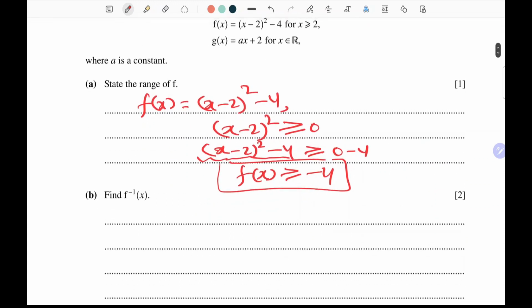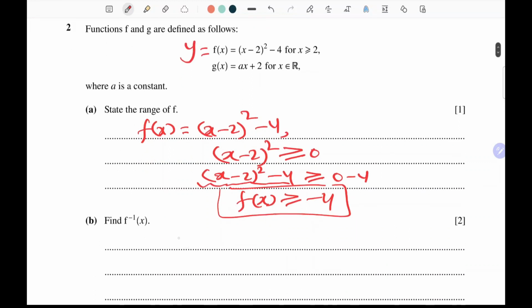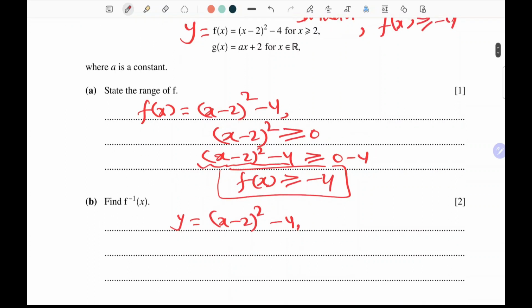Now let's move to the second question, f inverse. So we can assume this as y. So y equals (x minus 2) whole square minus 4. By the way, what's the domain? Domain is this, x greater than or equal to 2, and the range is, we already found, minus 4.